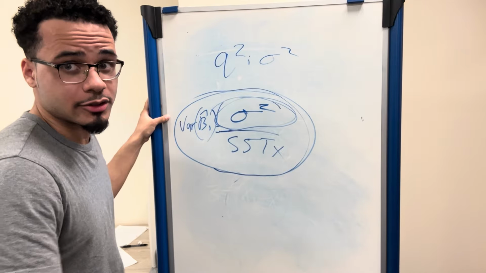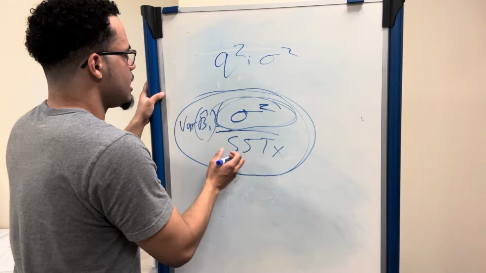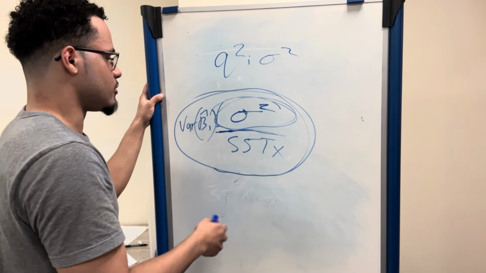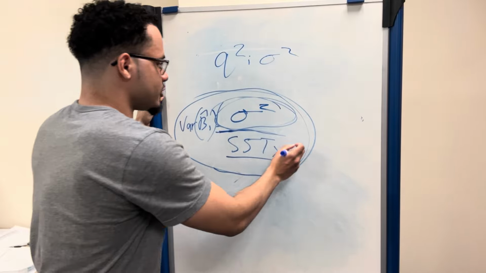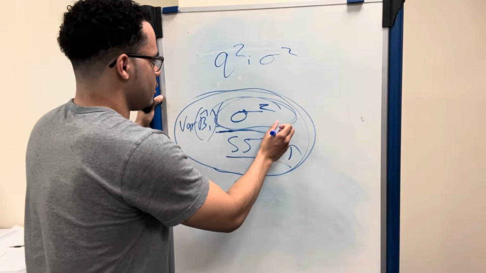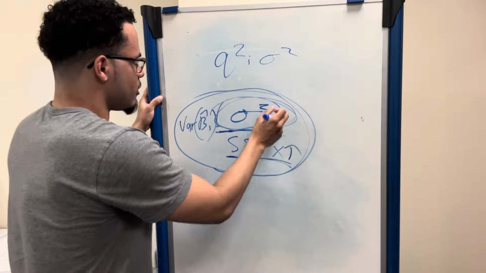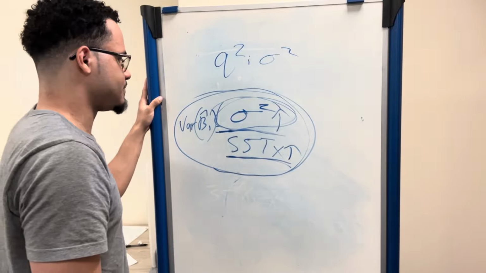There's a bigger dispersion from its true parameter, which is scaled by the total sum of squares of x. If the variation in x goes up, the variance goes down. If our unobservables go up, then the variance goes up.